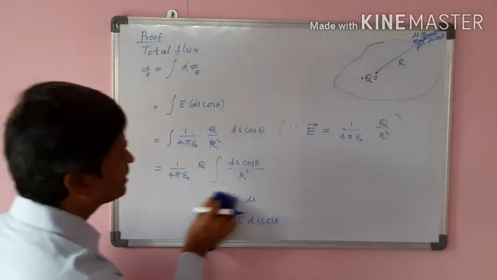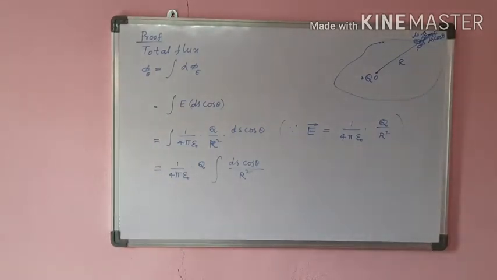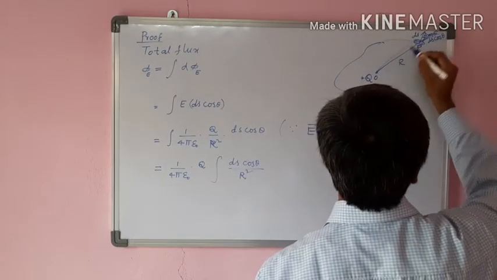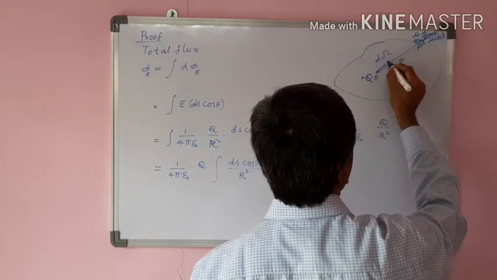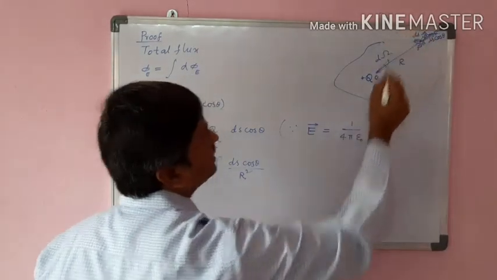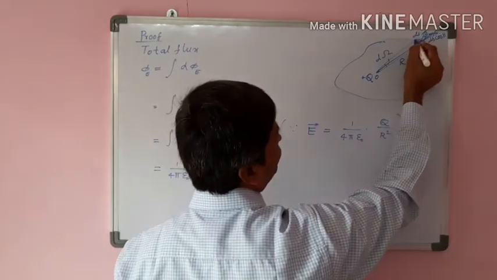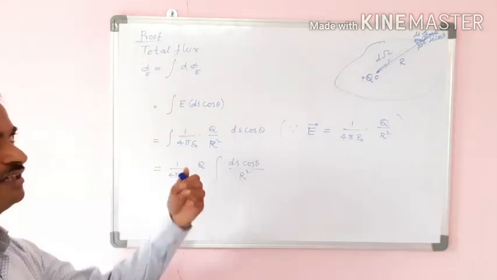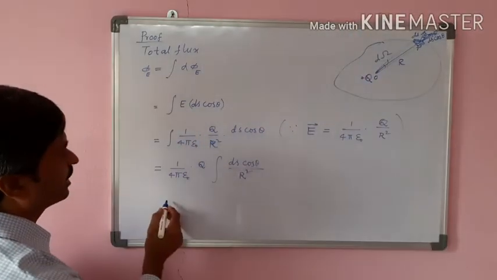Now we discussed in the previous class that ds cos theta by r square is the solid angle made here. Let us say d omega is the solid angle made by the surface, right? So the projection is also there, it is ds cos theta. Whatever may be ds or ds cos theta, both form the same solid angle d omega.